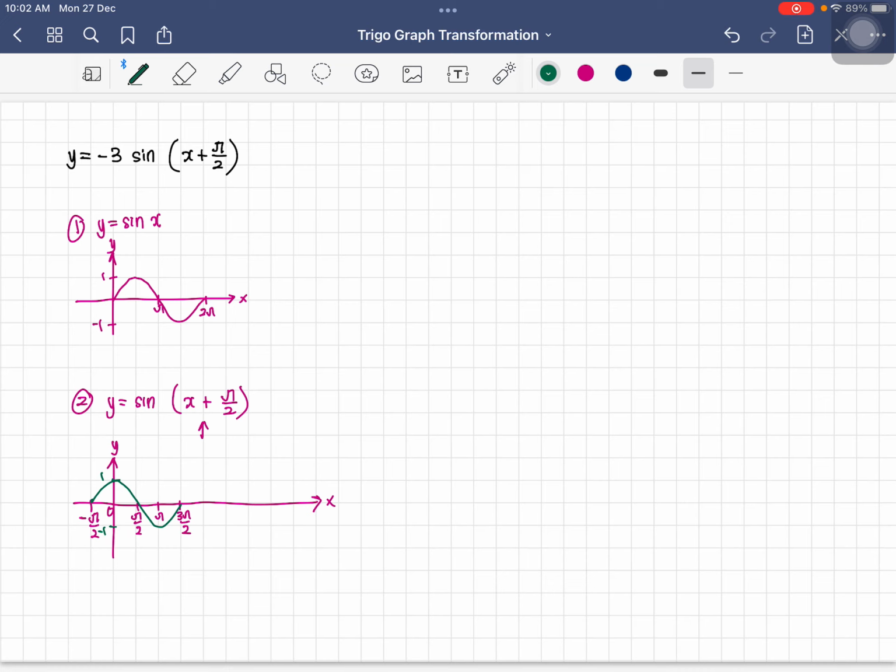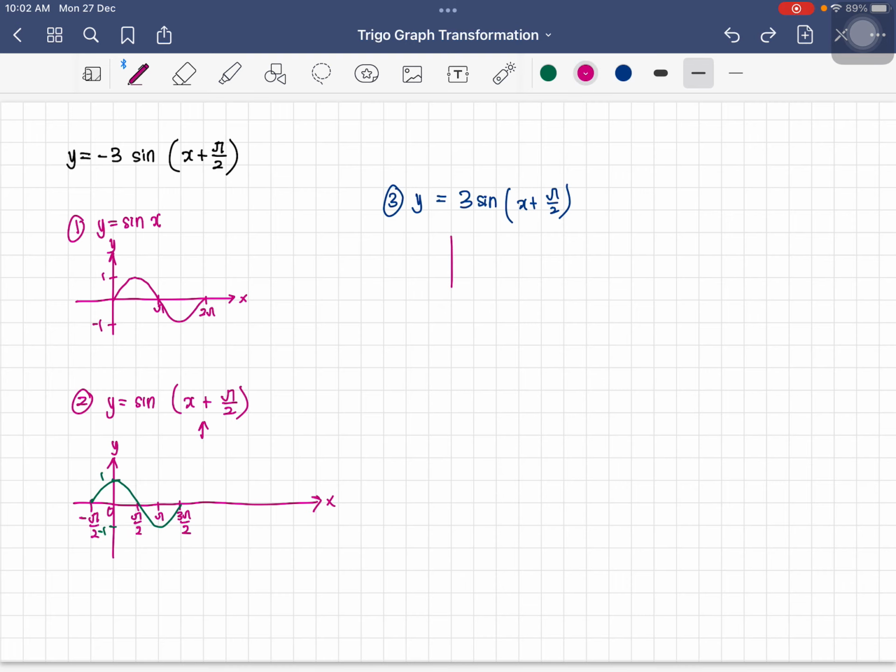And finally we have the amplitude, which is +3 first. So let's start with the amplitude, which is +3. So the third graph will be 3 sine of x plus pi over 2. Now instead of 1, we have the amplitude, which is 3.